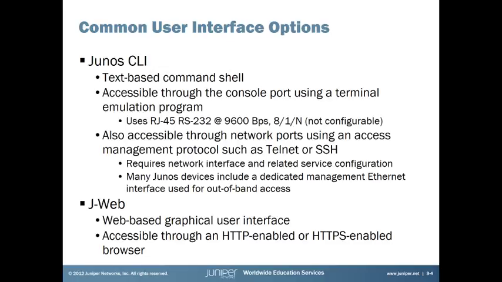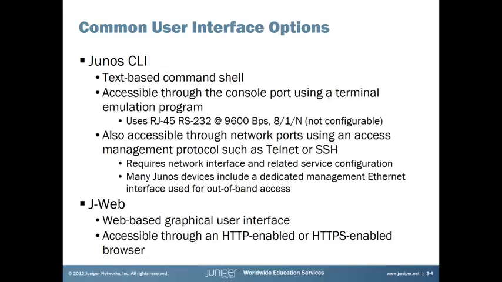Accessible through the console using a terminal program like PuTTY, which is what we're using. It uses an RJ45 on the console end, so basically the console port is an RJ45 port, same as Cisco, and the other end of the cable is an RS232, which, as you all know, is a serial port.